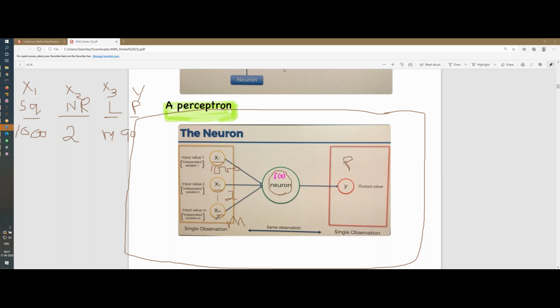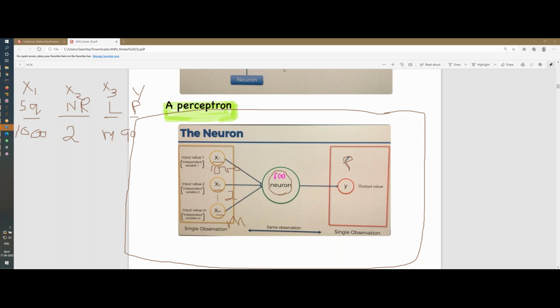Now you have so many questions, like what is happening within this neuron. We will discuss it in detail. What we are discussing now is a single perceptron architecture. In a single perceptron, we have 3 things.